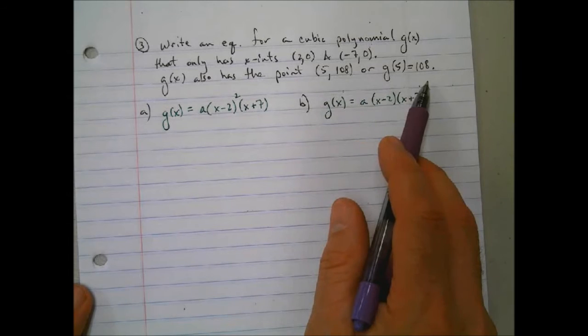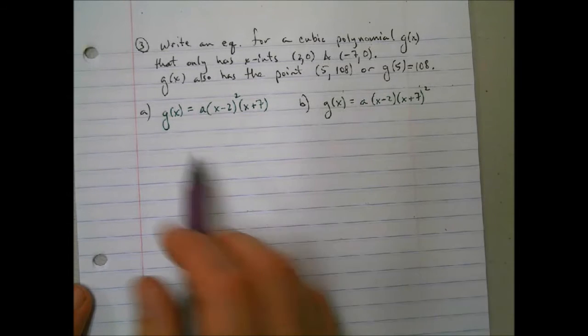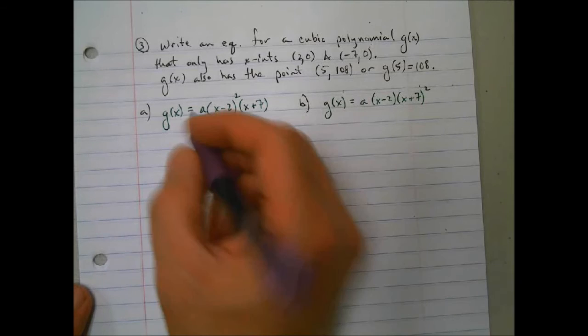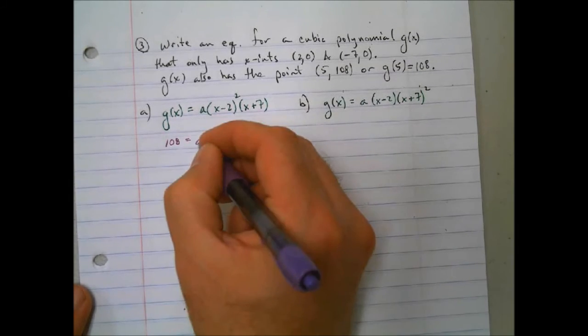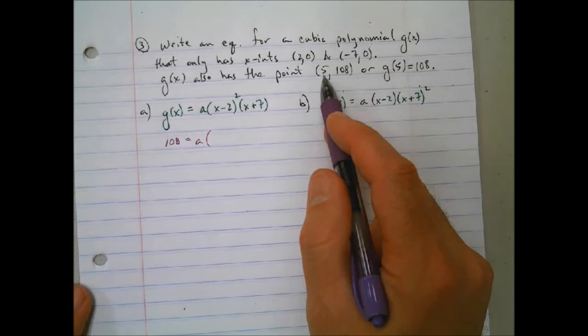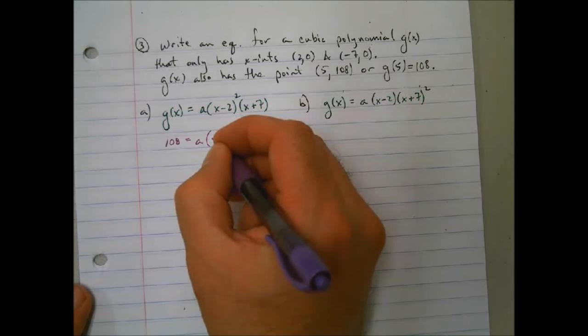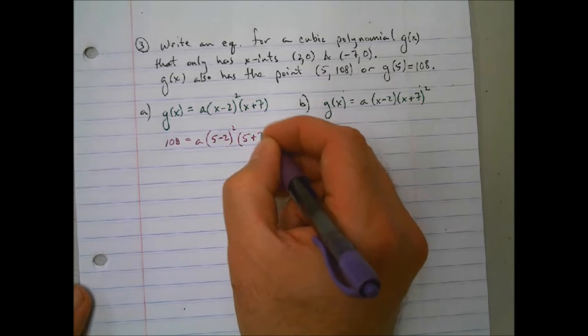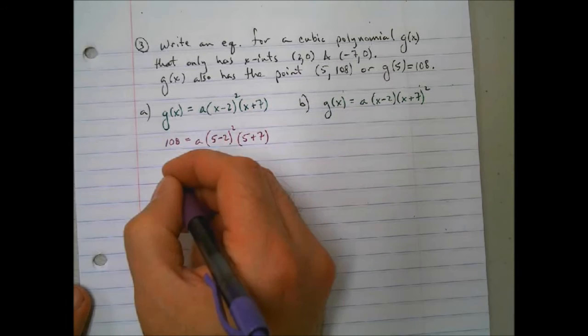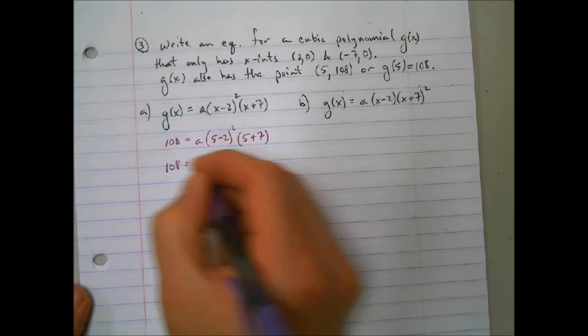Okay, so now we're going to use the extra information, that extra point, to be able to solve for A. We'll do each one separately. So 108 equals A times, okay, now x is 5, so 5 minus 2 squared times 5 plus 7.